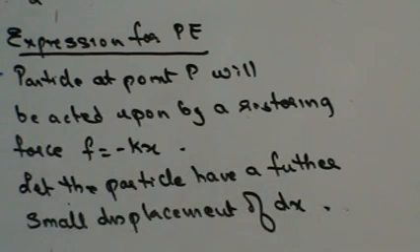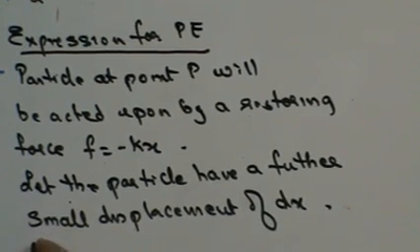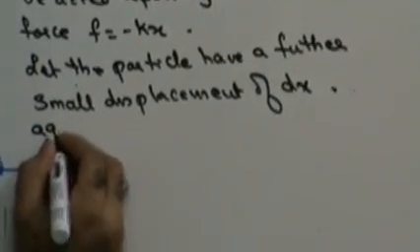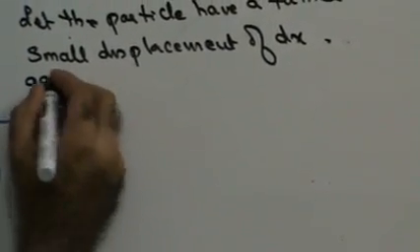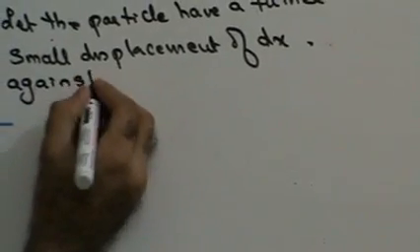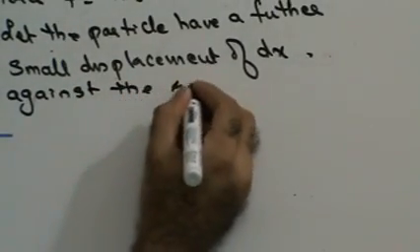It is already at P. Let us assume that it moves in some direction, either towards the extreme or towards the mean position, and it has a small displacement of dx. Let's assume that this displacement is done against the restoring force.